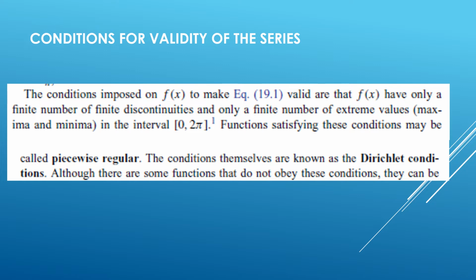Now there are some conditions for validity of this series. For the validity of Fourier series, these are the conditions. F of x must have only a finite number of finite discontinuities and only a finite number of extreme values.